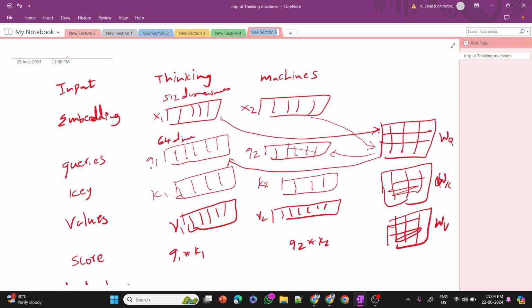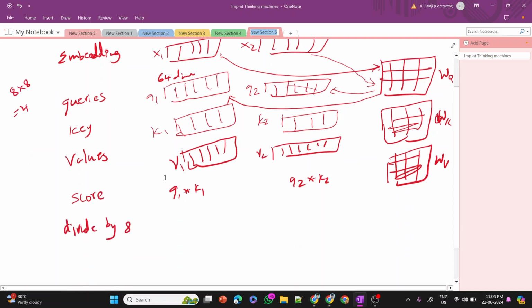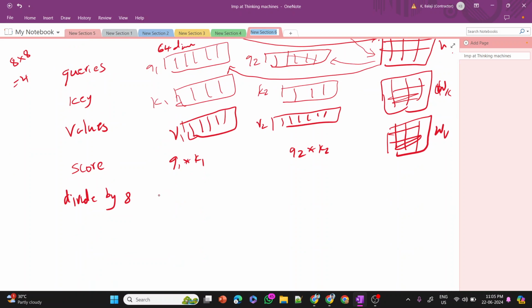The q1, k1, q2 vectors are in the form of 64 dimension, because 8 into 8 is equal to 64, and so we divide the score by 8.